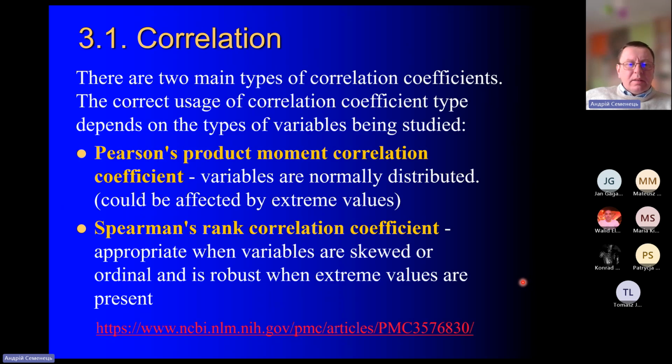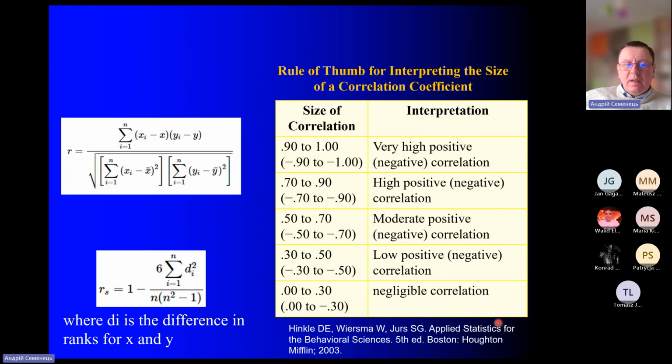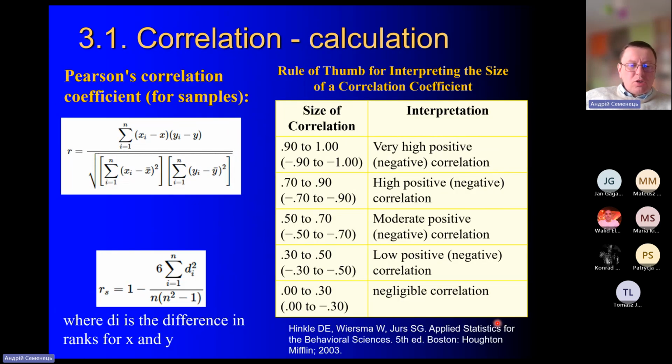Again, as I already mentioned, we have two main approaches to retrieve the correlation coefficient, depending on what data type we have, continuous or nominal, and whether it is normally distributed or not. In case of continuous normally distributed data, we use Pearson. On the other hand, we use Spearman rank correlation. Here is shown how it's possible to obtain it by using statistical formulas.